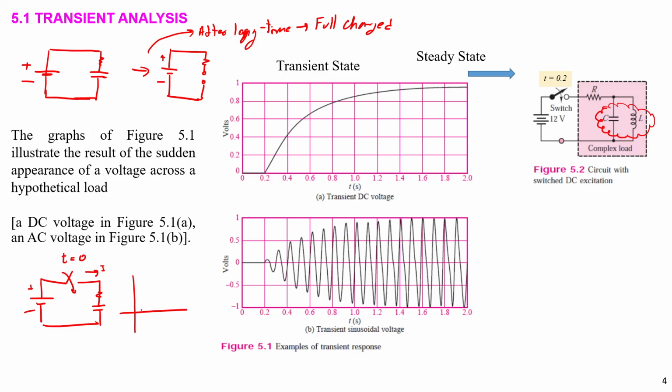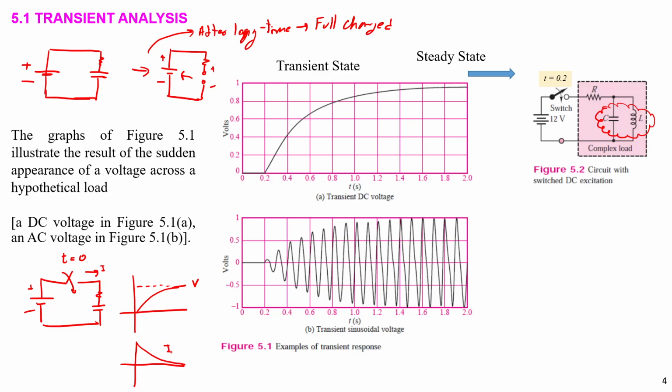The voltage will come to some value, right? After full charge, this voltage is equal to the voltage of the DC source. This is the voltage. And the current will go to 0.